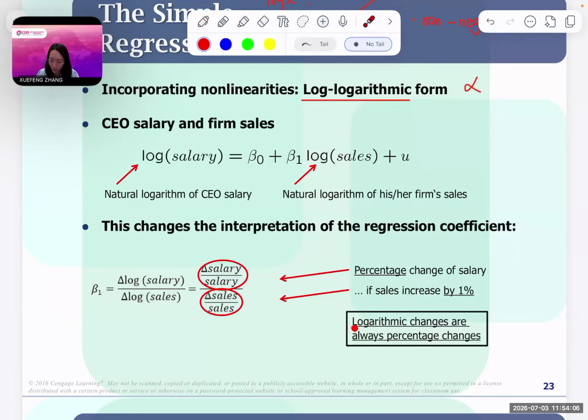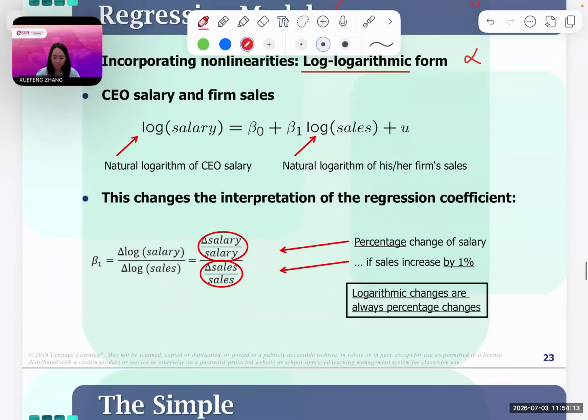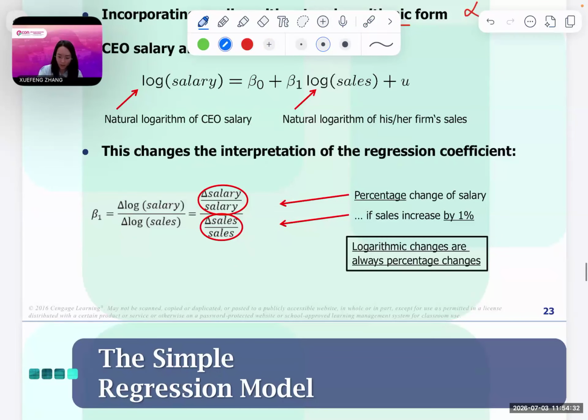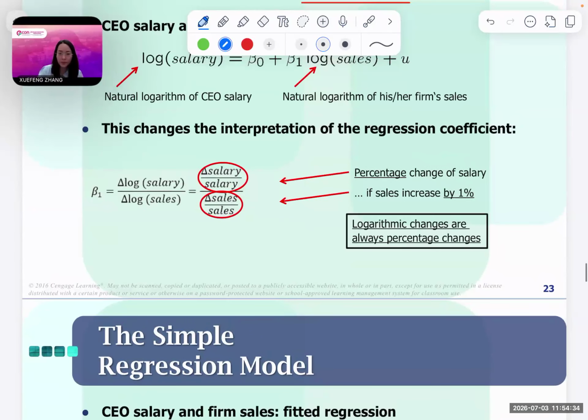So remember, logarithmic changes are always percentage changes, okay? So we have the numerator here, the percentage change of salary, and the denominator here, okay, this is numerator, this is denominator, meaning sales increase by 1%. Let me write it down for you.